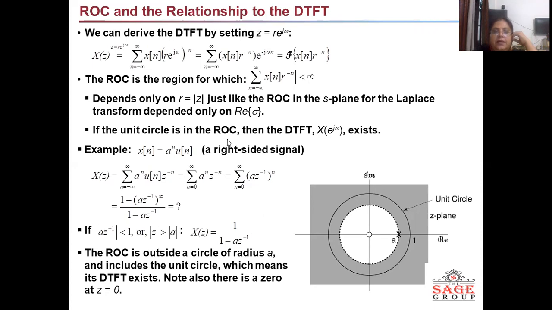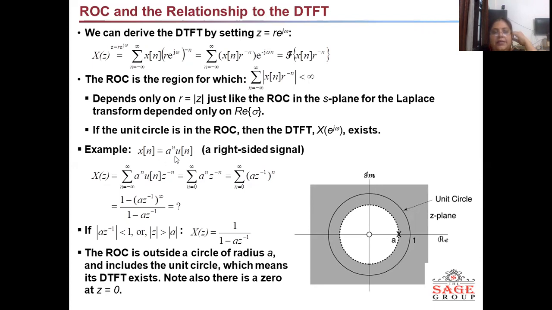Now, if the unit circle is in the ROC, then the discrete time Fourier transform exists. For example, if we take a signal a to the power of n u[n], a right-sided signal, we know that this unit step function exists from 0 to infinity.